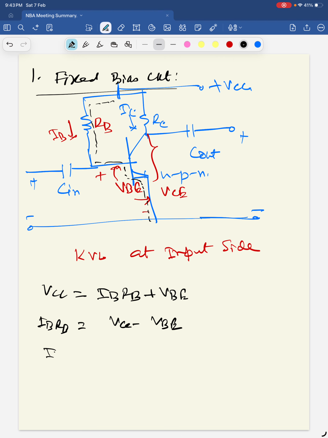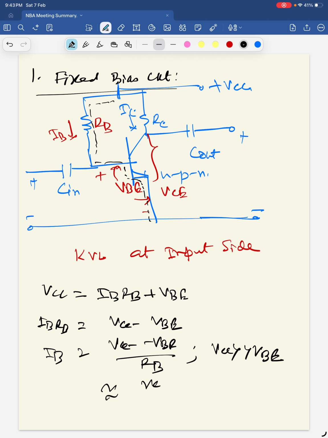So IB is VCC minus VBE by RB. Now we know that VCC is much greater than VBE, generally VBE is 0.7, so we may say that IB is VCC by RB. So we may say this is number 1 expression.